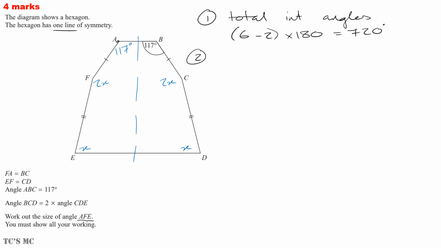I'm going to start with angle A. I have 117, add 117, add 2x, add x, add x, add 2x, and that equals 720. That is our second mark. To solve this, we need to collect the like terms.